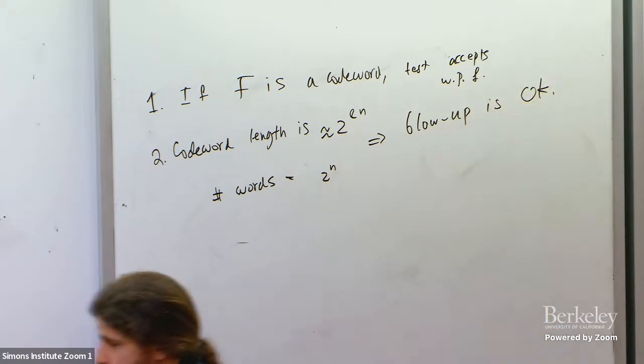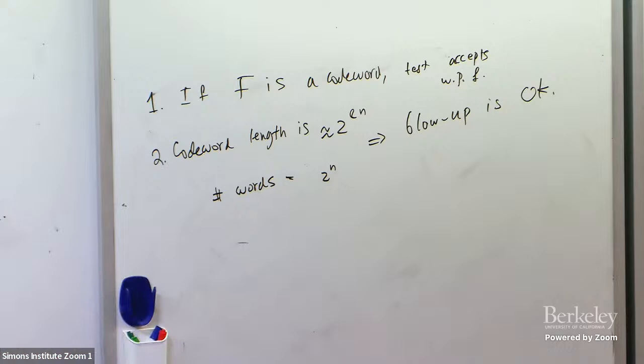So now we only need 2 more properties. We need the tester to actually be a two-query tester. Well, it is a two-query tester. And we need it to be 2 to 1, or rather 2 to 2. And it is, because let's say that I tell you what is the value of FL.